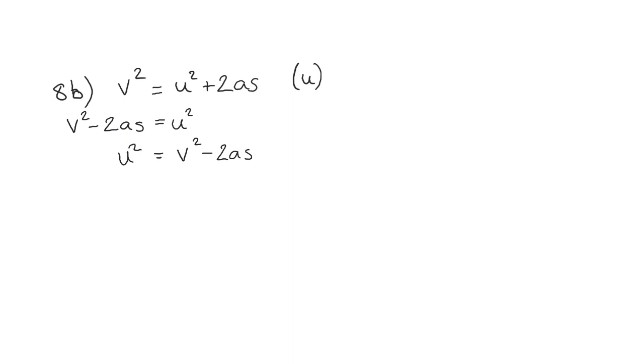The last thing I need to do is get rid of this squared sign. The opposite of squaring something is square rooting something. So when that comes over, it becomes the square root of everything that's on that right-hand side. So it becomes the square root of v squared, take away 2as.